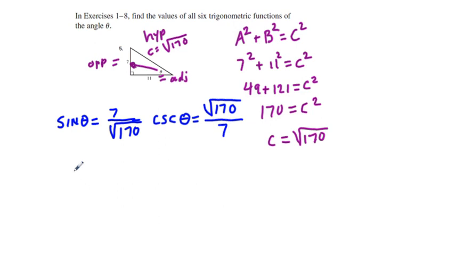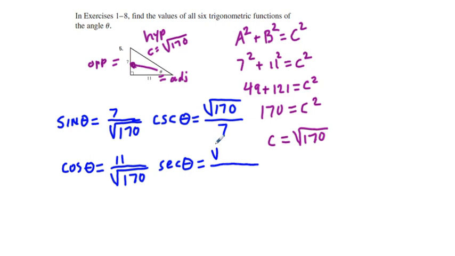Next, cosine theta is going to be our adjacent side, which is 11, over our hypotenuse, which is again square root of 170, and our secant, which is reciprocal of cosine, secant theta, equals square root of 170 over 11.